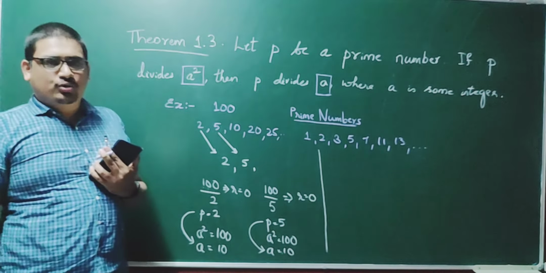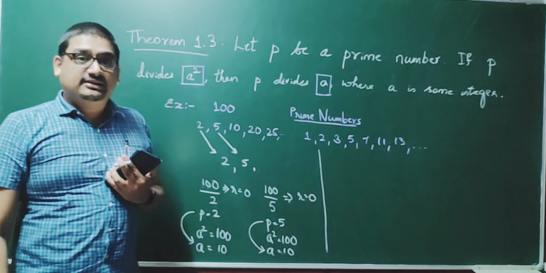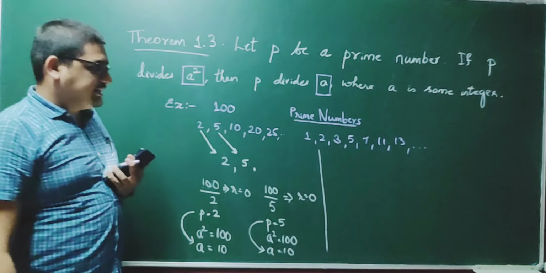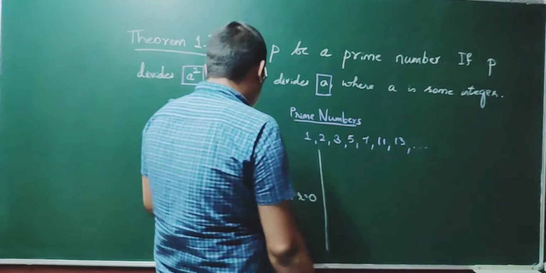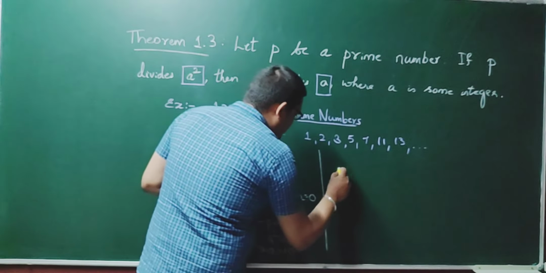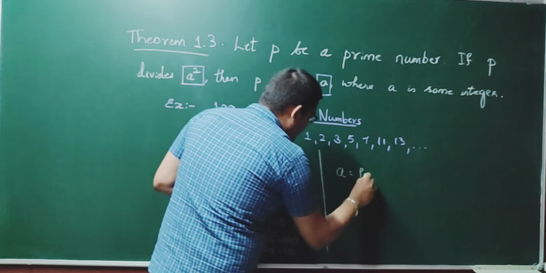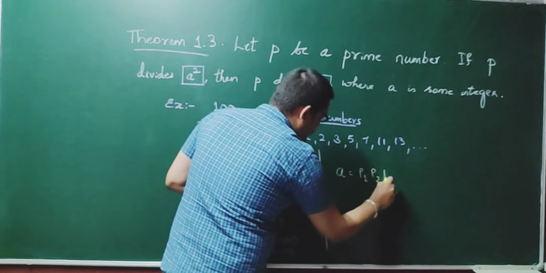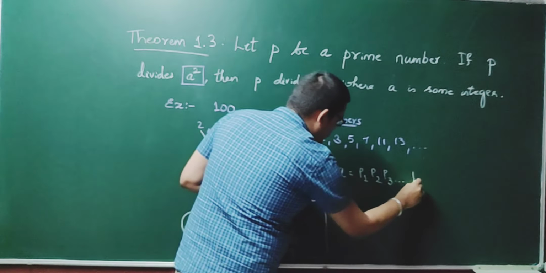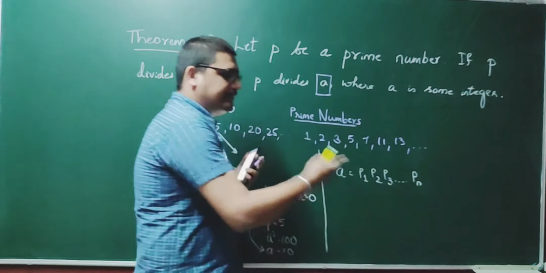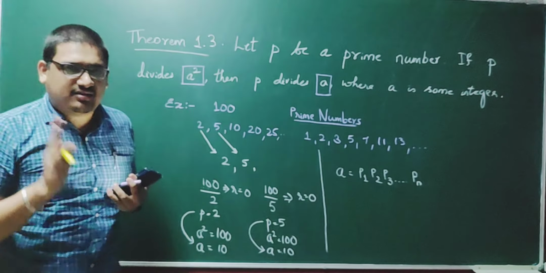For this, let us use the expression of the fundamental theorem of arithmetic. What was the expression that we used? We said a is equal to p1 into p2 into p3 and so on till pn. I hope you all remember this. I discussed this in my earlier sessions.